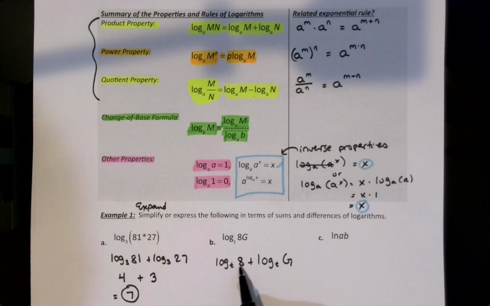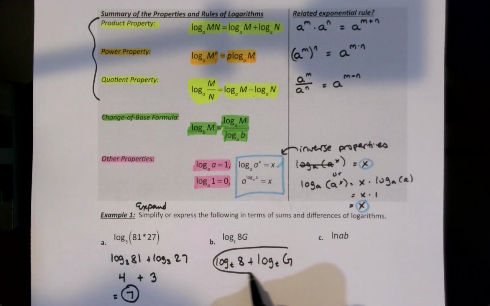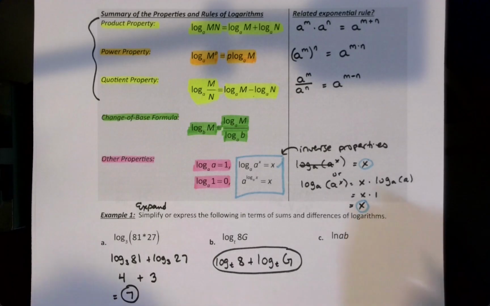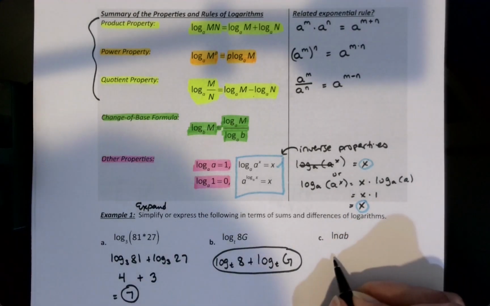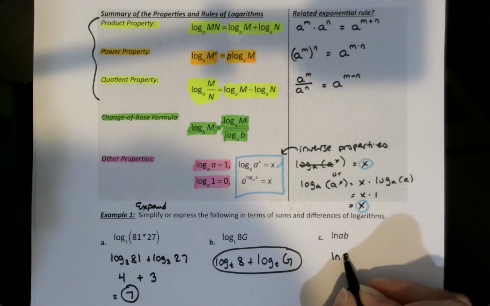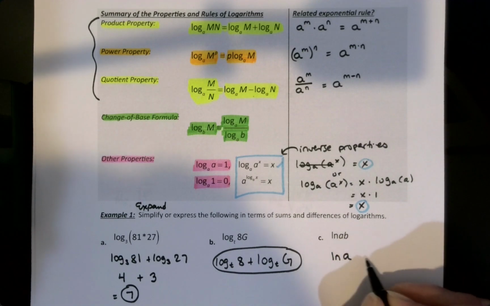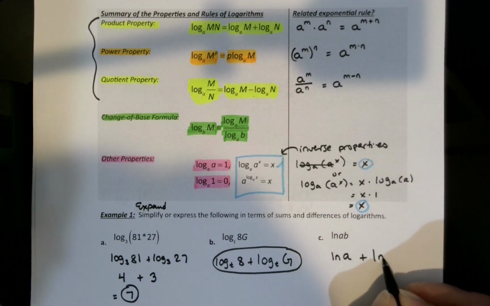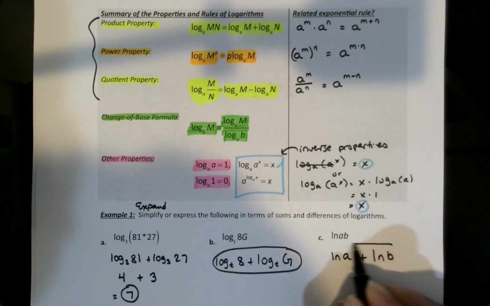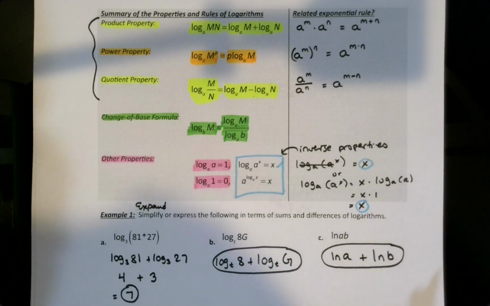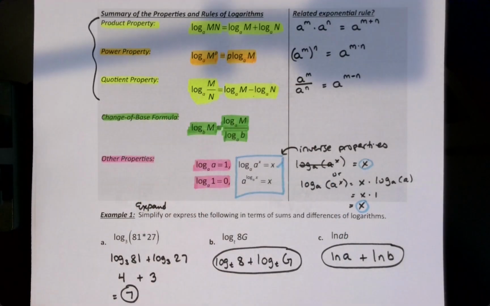I don't know if 8 is a power of t, and I also cannot evaluate log base t of g, so that one's done now that it's been separated into a sum. Part C, this is a natural log, so we're going to separate this into the natural log of a. It's again a product, so plus the natural log of b. And again, we've expanded this by turning that multiplication into a sum using the product property.